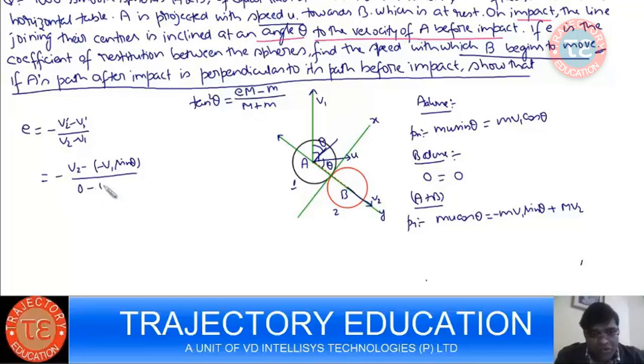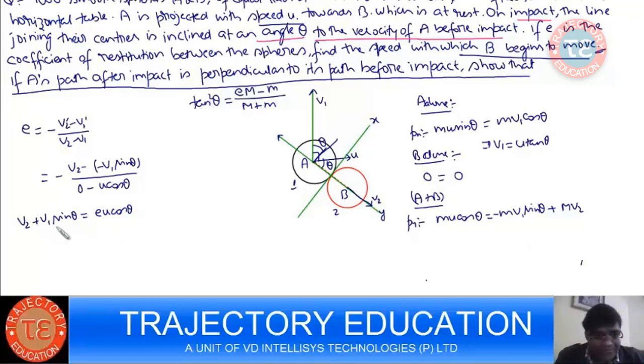v2 is 0 initially and v1 is u cos theta. I am only interested in the velocity component along the line of force. So from here I am getting v1, and v1 is u tan theta, and from here I am getting mv2. So from here I generate one equation, that is v2 plus v1 sin theta equals e u cos theta.